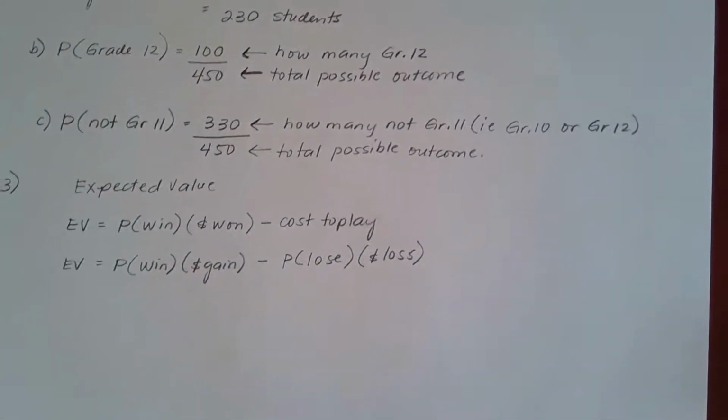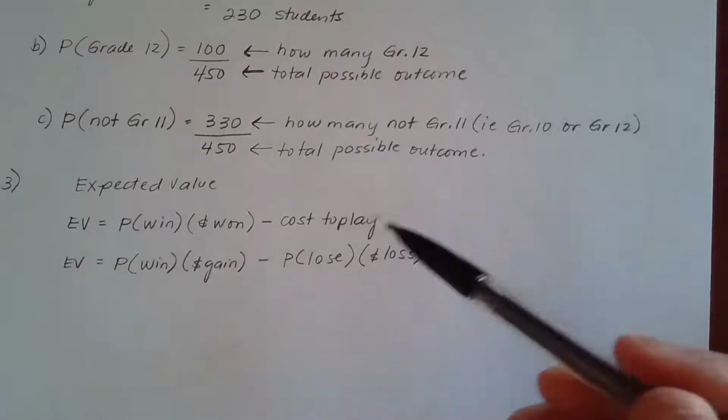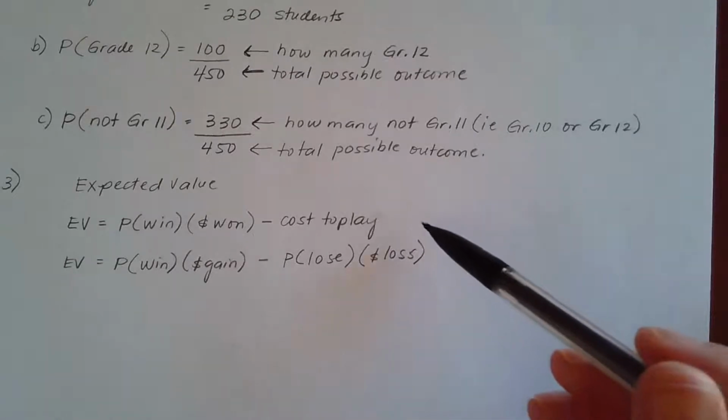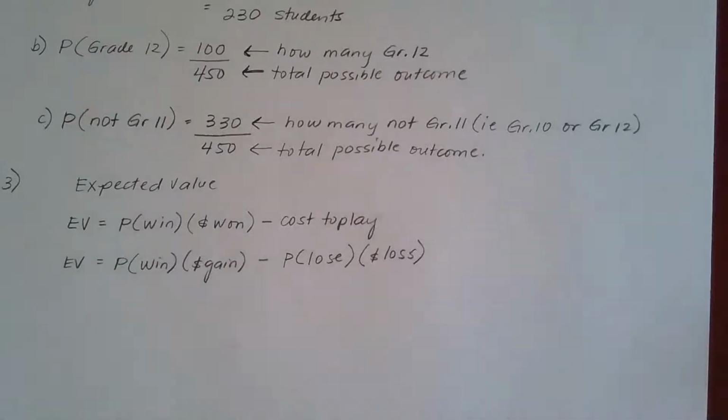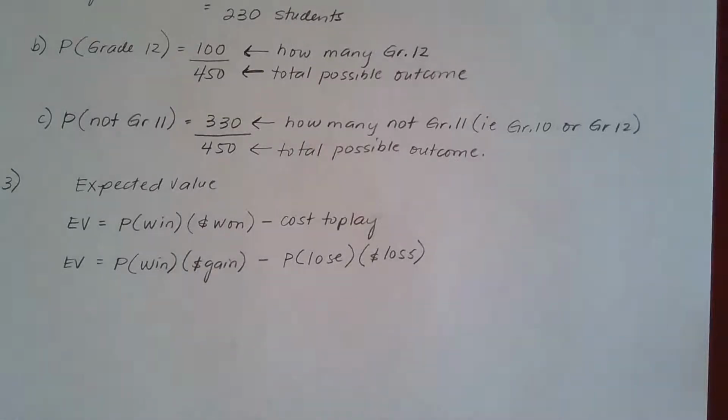So that's the formula. Now let's take a look at this question, and then we can decide which one we're actually going to use in this particular case, because sometimes we can use this, sometimes we can use this, or at other times we could use either one. So let's see here.